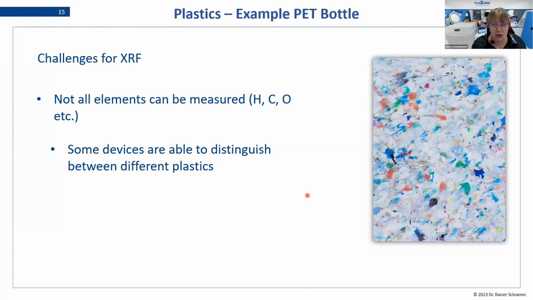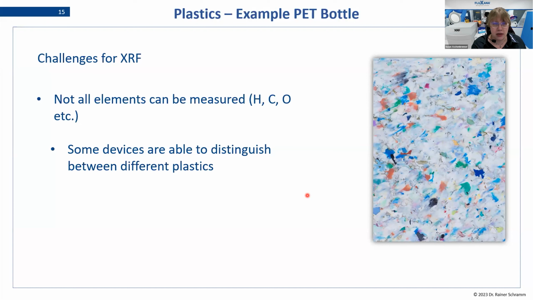We measure most of the periodic table, but the matrix of these samples, we do not. So hydrogen, carbon, oxygen, and so on, they are not measured; we cannot see them with XRF. So the matrix is hidden from us. We just have to know it and to deal with it.